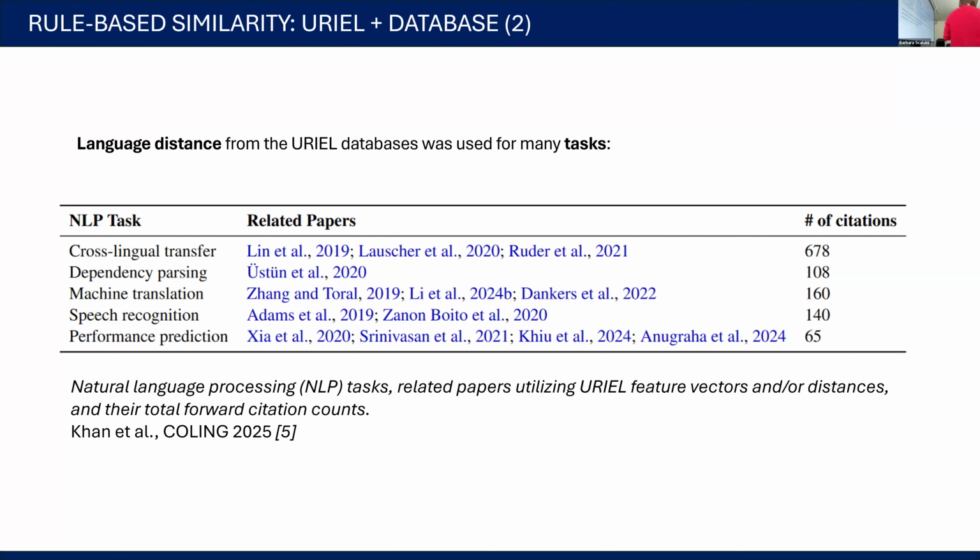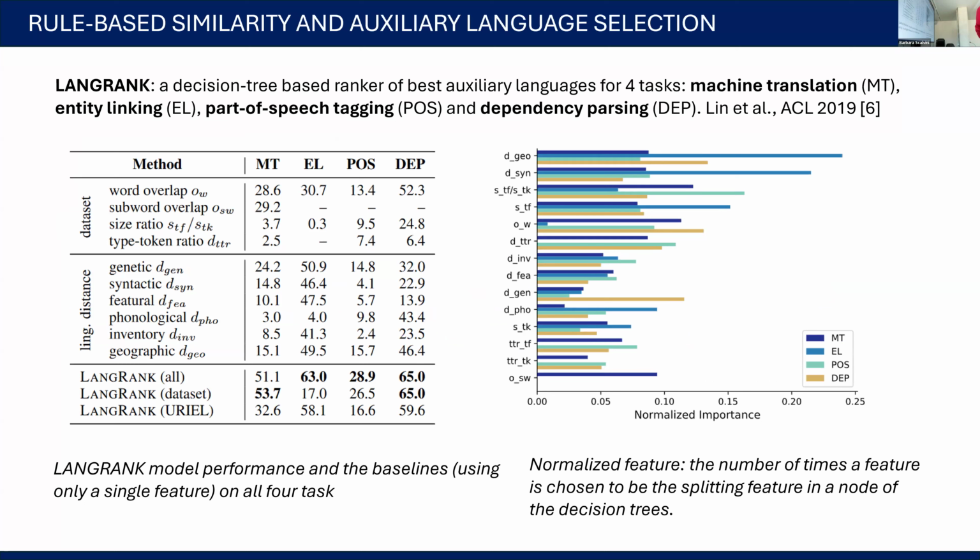But basically, people have used that in order to study transfer learning and to predict also this problem of auxiliary language selection. This was one specific paper that I like to point out because it's really relevant. These people basically created an algorithm based on decision trees that would allow us to rank languages in order of better cross-lingual transfer.